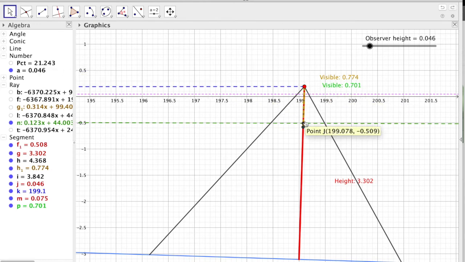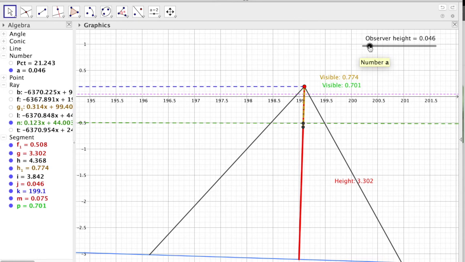The rest is hidden because of this first bump. Okay, so what about the other line here, the other dot here? Of course, before I mention that, I should say that this blue line is obviously the line from the top of the mountain to the observer.